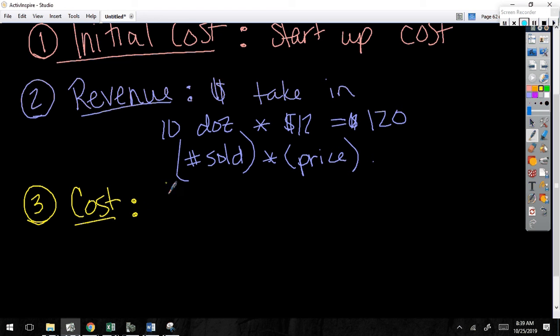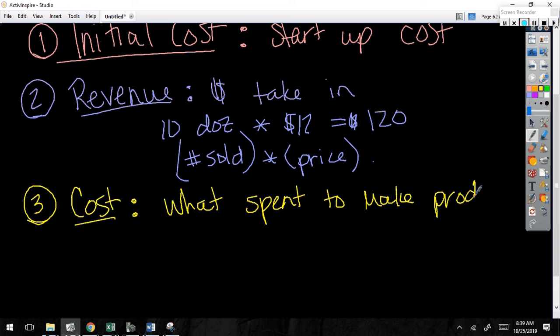It's what's spent to make the product. Obviously we have to subtract that out from the revenue to find out the profit.